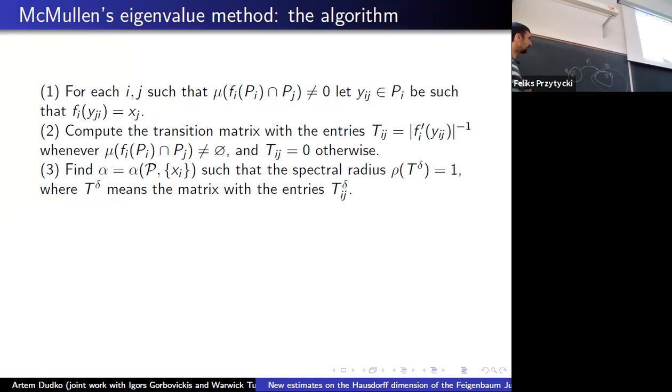Now, based on this matrix Tij, we construct matrices T to the power delta. Here, T delta means we raise each of the entries of the matrix to power delta. So basically, the entries are derivatives raised to power minus delta. And we find delta such that the spectral radius equals 1. So to recall, the spectral radius of a matrix is the maximal absolute value of the eigenvalues of this matrix.